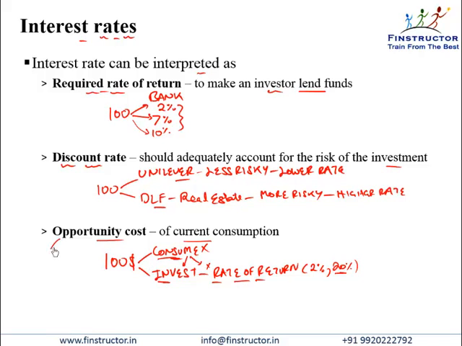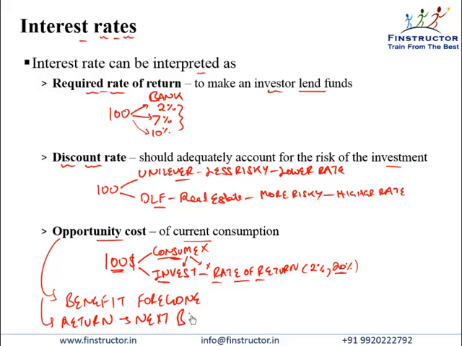Remember, opportunity cost is the benefit foregone, or what you give up when you do something or invest your money somewhere. In other words, it can be thought of as the return that the asset or the money could have generated in its next best use.